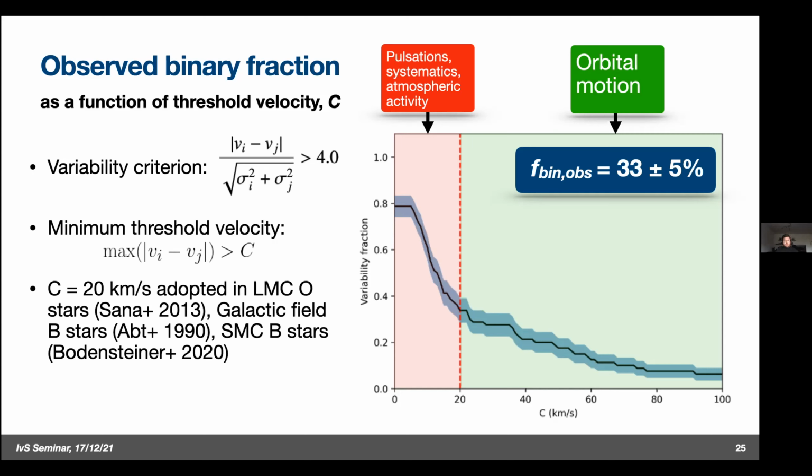So we start off with this observed binary fraction of 33%. We can compare this to the observed binary fraction for the O-type stars in the very same cluster, and we can see that it is almost double, much higher. But it's important to note that these are not corrected for observational biases.